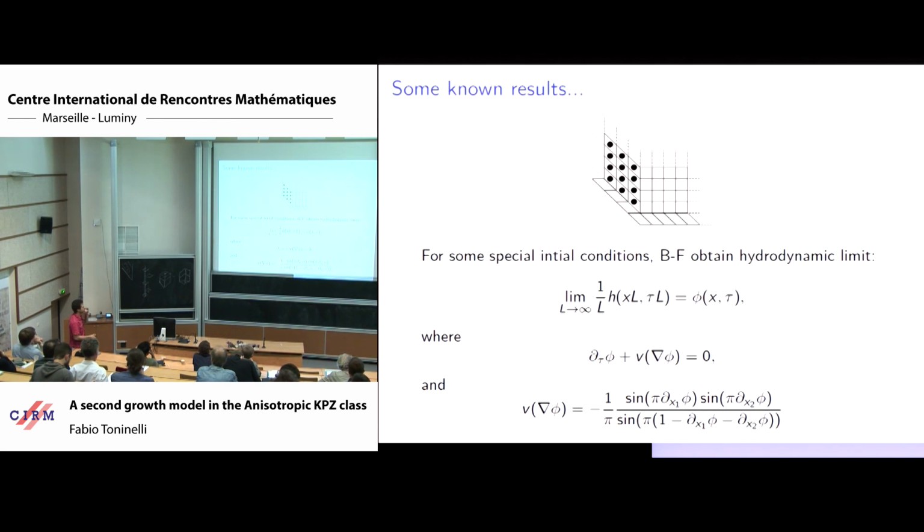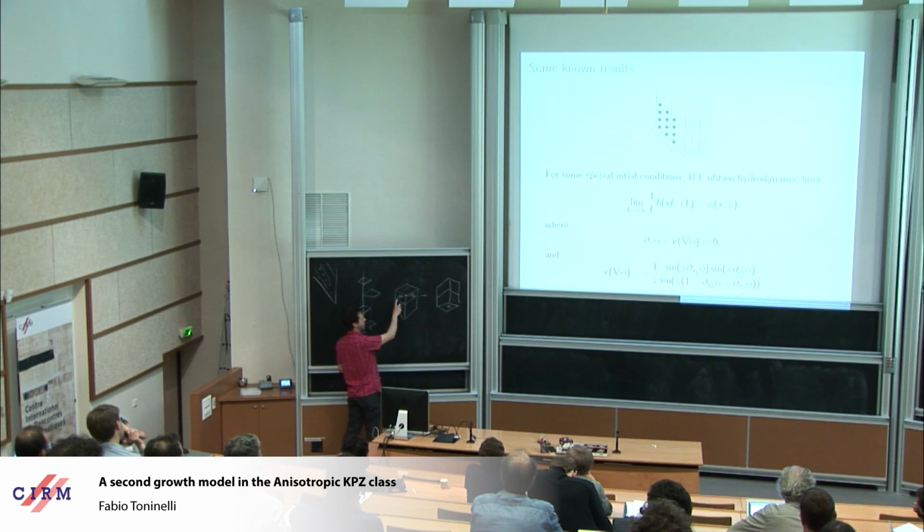It looks a bit singular, but in reality, I have not really said how I define the height function. The choice I'm making is that if you are here and you move in this direction E1, then the height function increases by 1 if I cross a lozenge and stays constant otherwise.